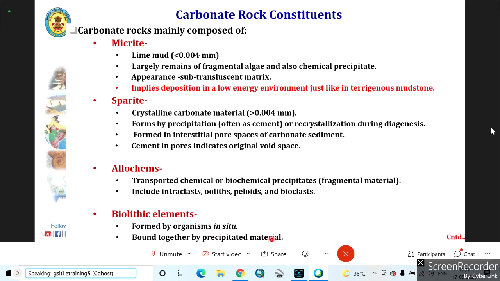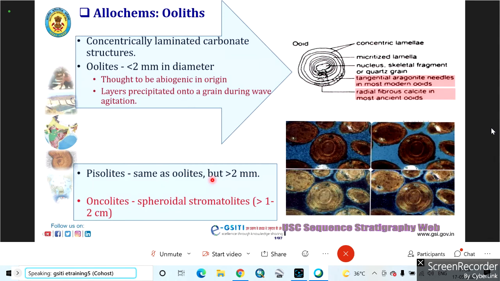So in the classification of carbonate rocks, mainly these four constituents are considered, and according to the variation of these constituents, different terminology is used, and definitely the variation of these constituents indicates different kinds of depositional environment.